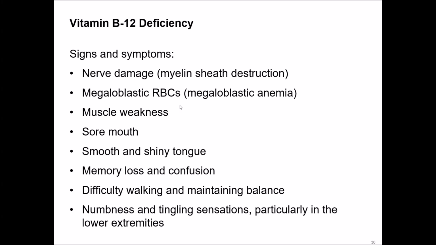It can affect our red blood cells, making enlarged red blood cells that have a problem transporting oxygen in the body, and that can lead to what's called megaloblastic anemia, not getting enough oxygen out to the tissues because the red blood cells are not forming correctly.